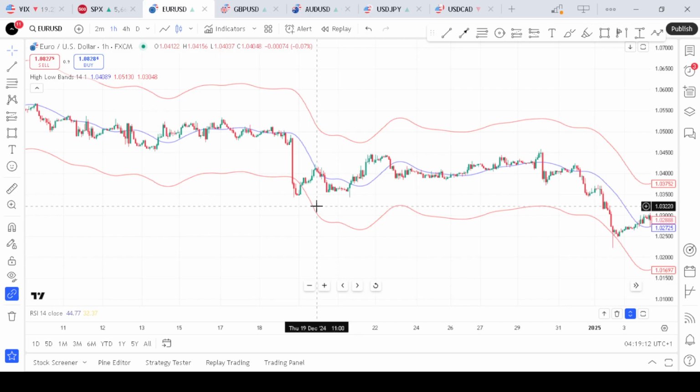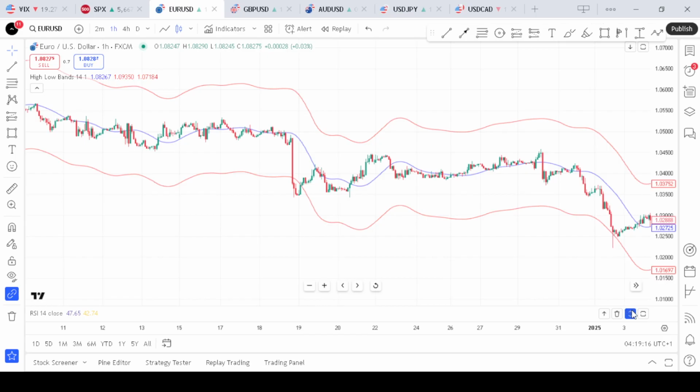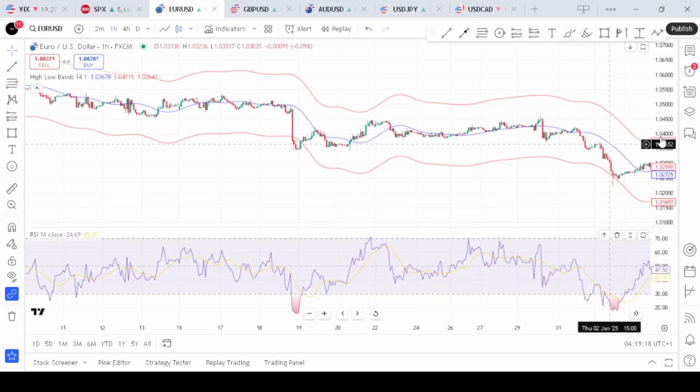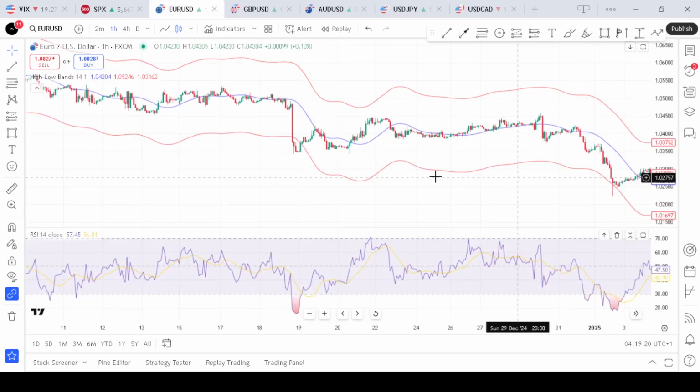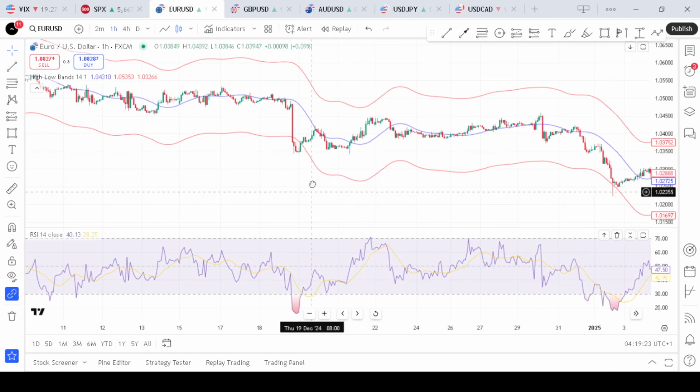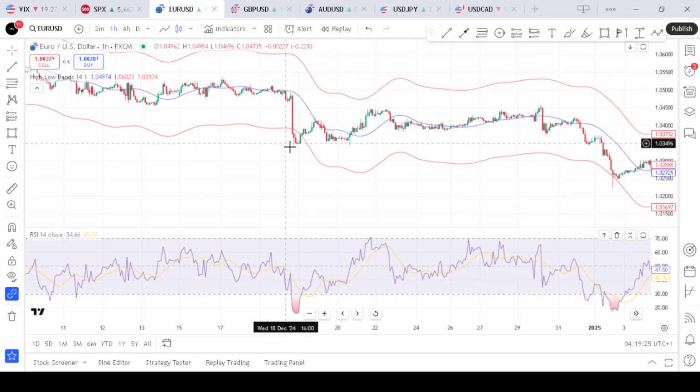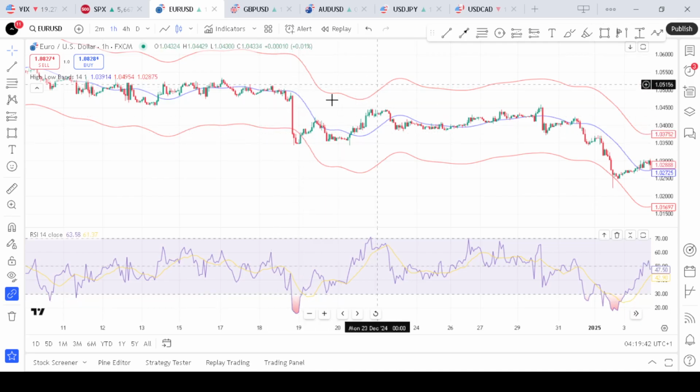You can also look at indicators such as your RSI or your MACD to confirm reversal patterns, like when price is at the lower band, if you see that it is below the 20 region in your RSI, this signifies a strong oversold position, meaning that price might reverse from the lower band to the upside.